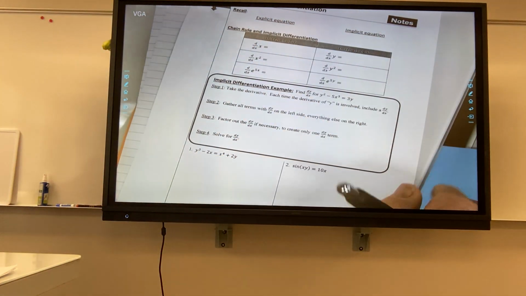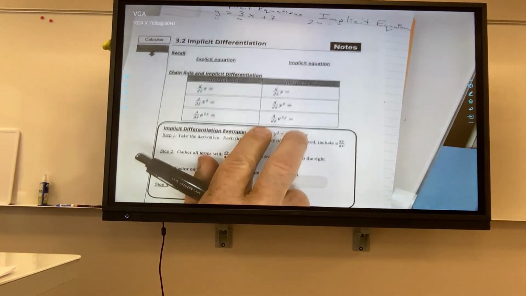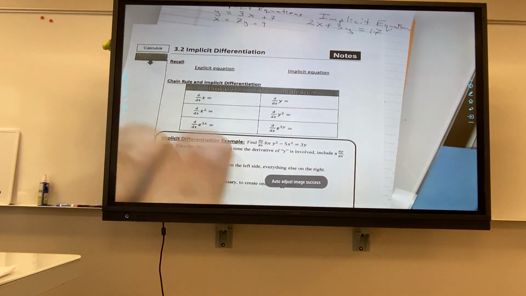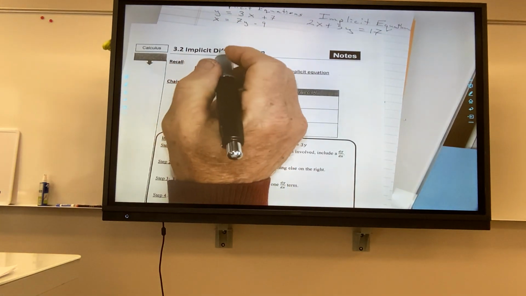All right, so let's go through the notes. Implicit differentiation. All right.